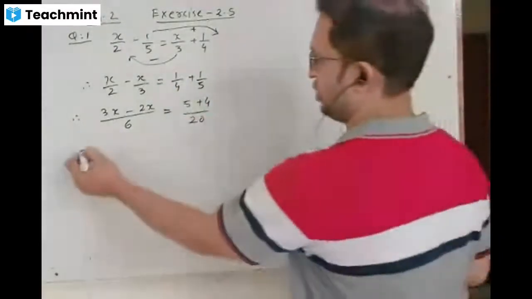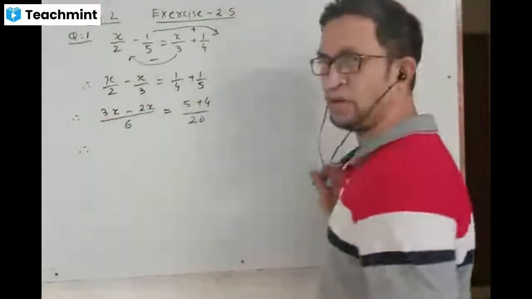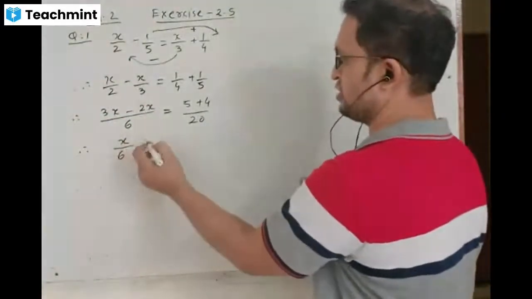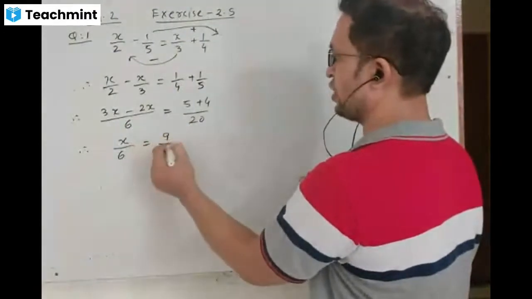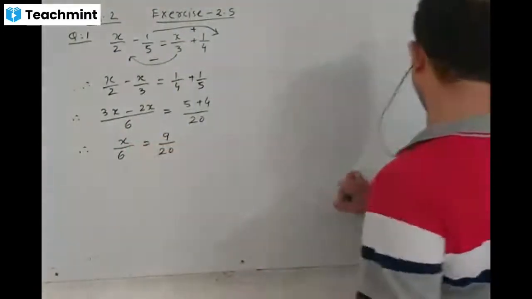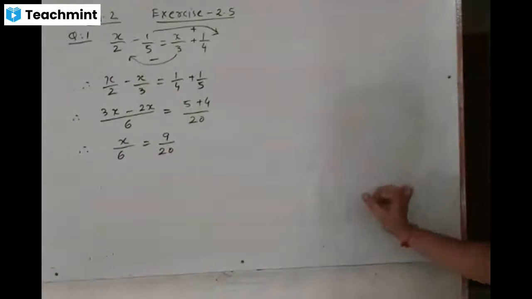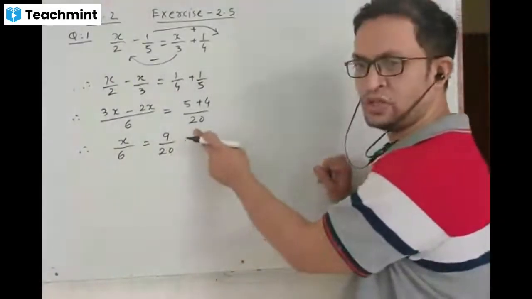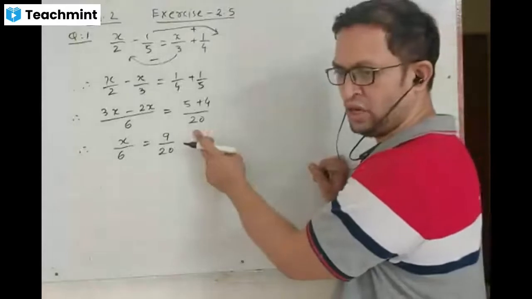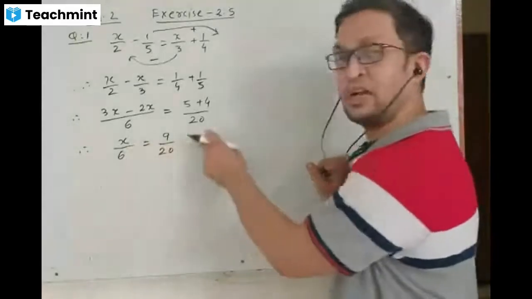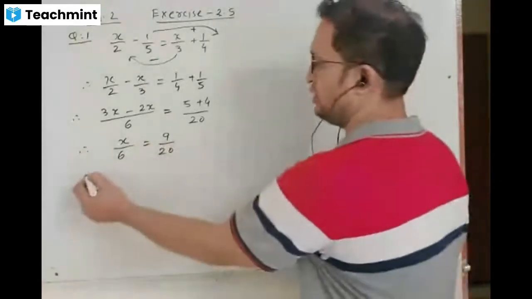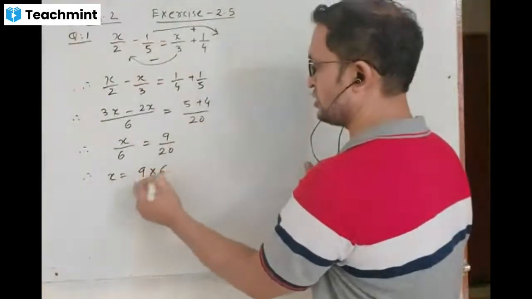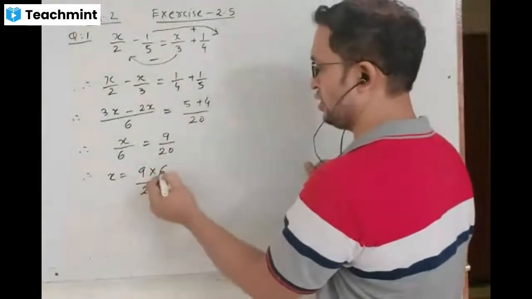Therefore 3x minus 2x is x, divided by 6 as it is, equal to 5 plus 4, 9, divided by 20. Okay, and here 6 is in division form, transposing to the right side it becomes multiplication, 6 multiplied with 9. Therefore x is equal to 9 multiplied by 6 divided by 20.